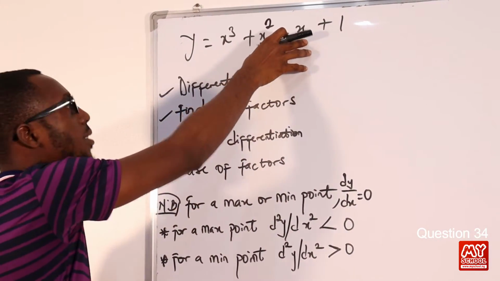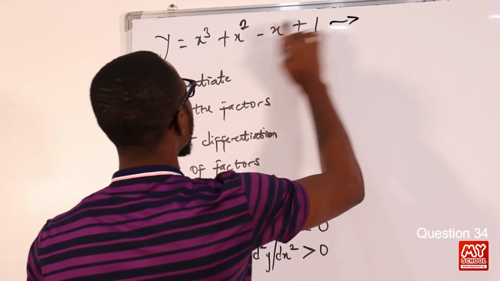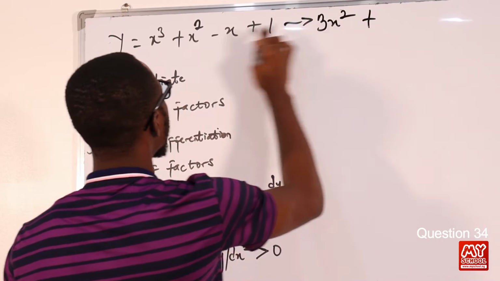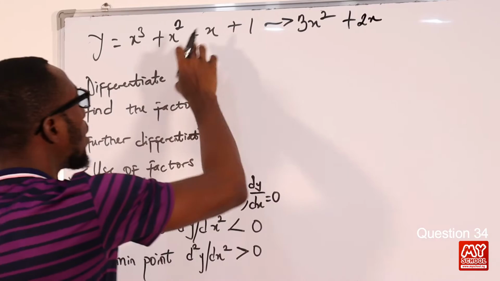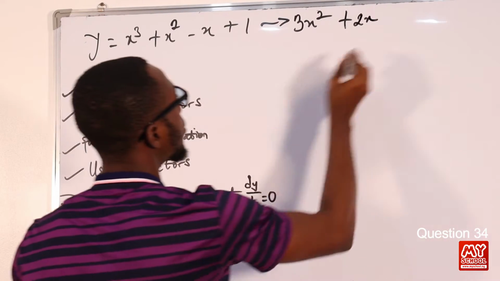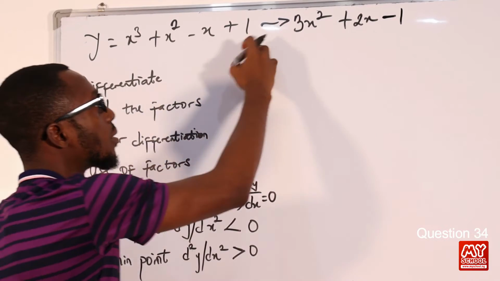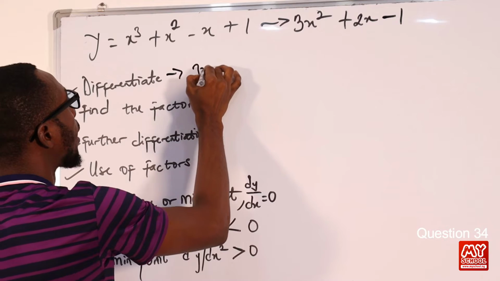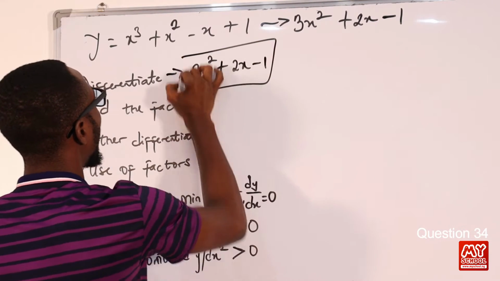If we differentiate this, we would have 3x squared plus 2x minus 1. Remember, the derivative of a constant is 0, so this is gone. So when we differentiate, this is what we have: 3x squared plus 2x minus 1.